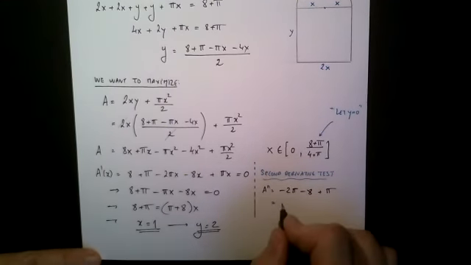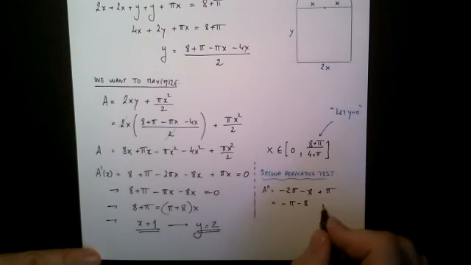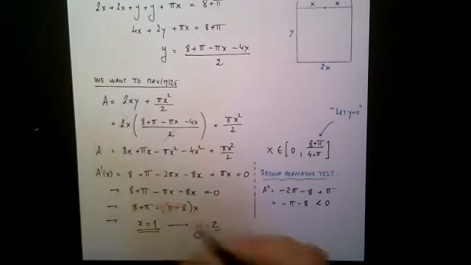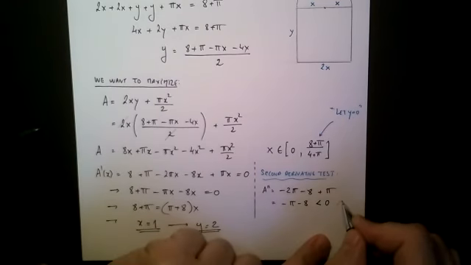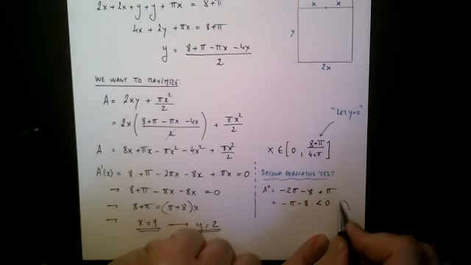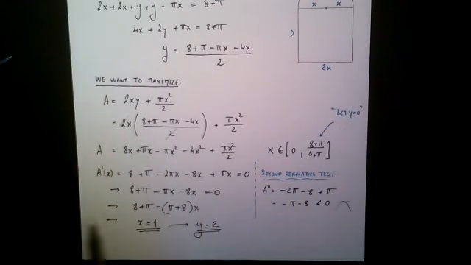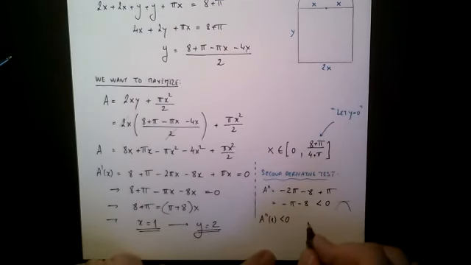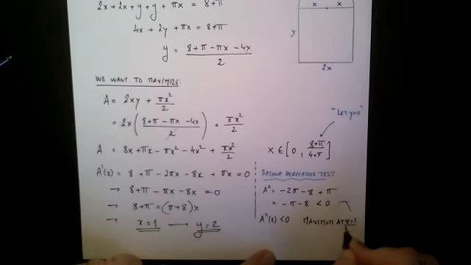Which is equal to negative pi minus 8, which is always negative. Right? It's always negative. And so you see that my function is like this. So it's definitely going to be a maximum. So A double prime of 1 is definitely negative, and so we have a maximum at x equals 1.